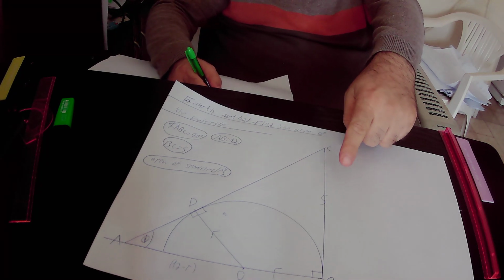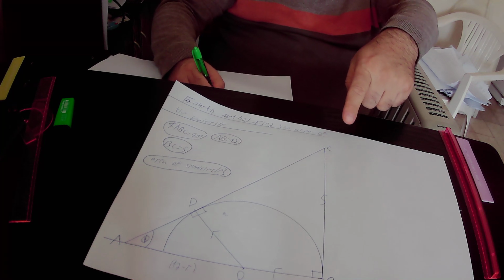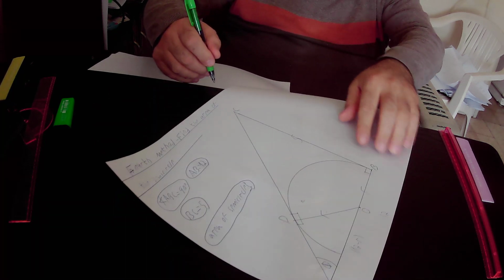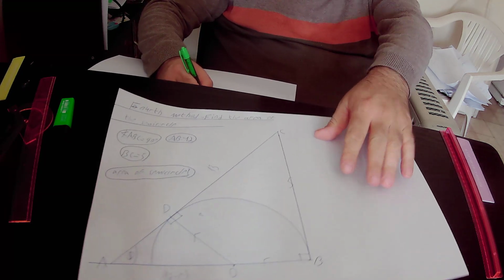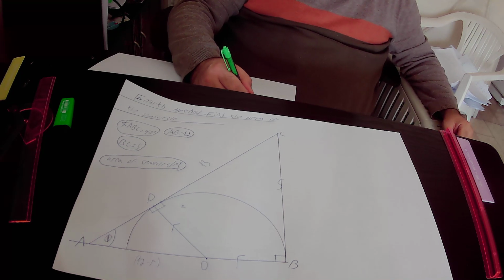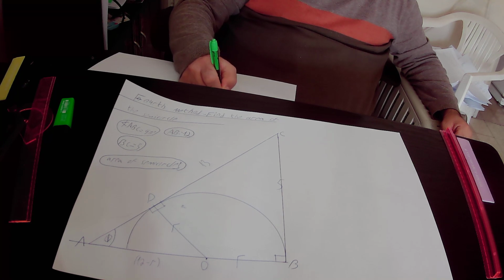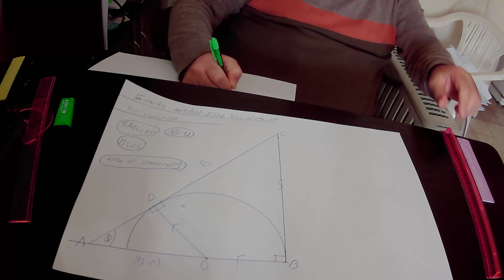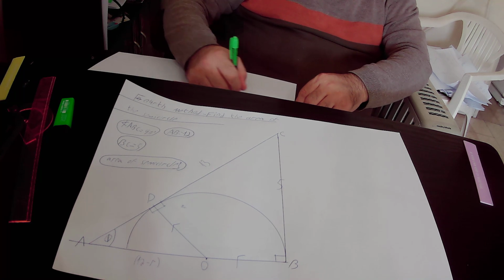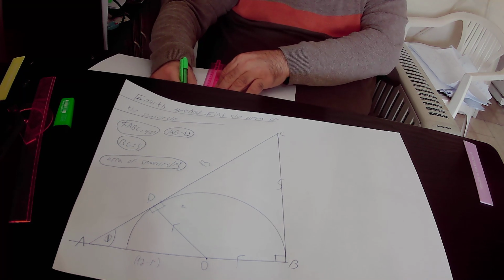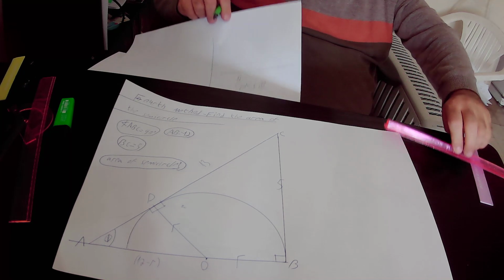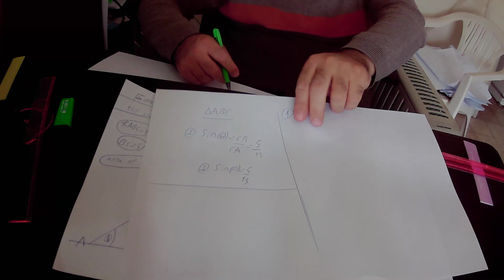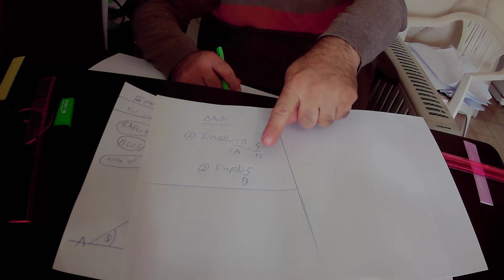We know that CB equals 5 units. It is given in the question, and we have already found out that AC equals 13 units. So in conclusion, according to equation number 1, sine theta equals 5 over 13.